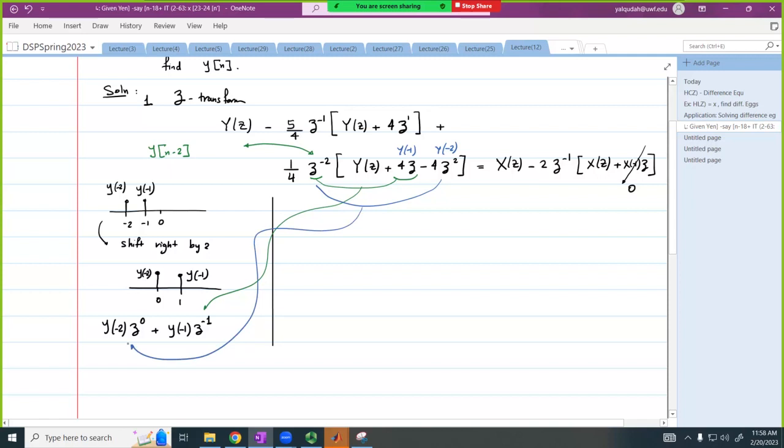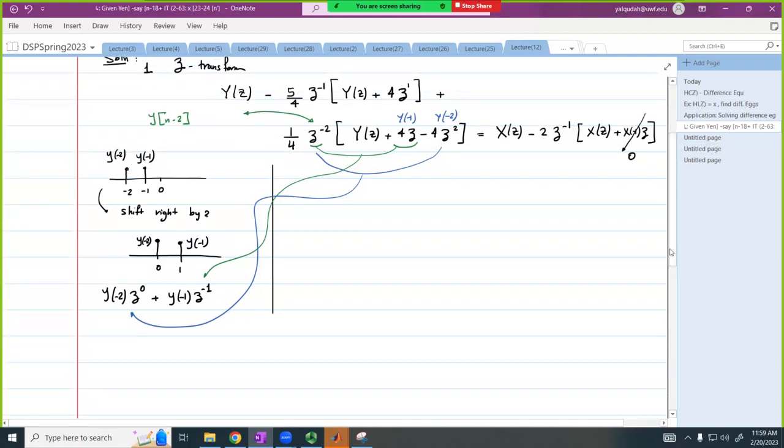You can use the formula, but even if you forgot the formula for the time shift, you can intuitively produce it by shifting. I shifted the initial conditions and I shifted y of z. Y of z gets multiplied by z to -2 because I shifted it to the right by 2, and the initial conditions come in with their values. Is that clear? Okay.